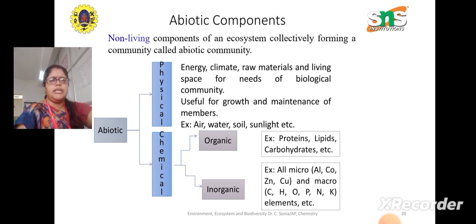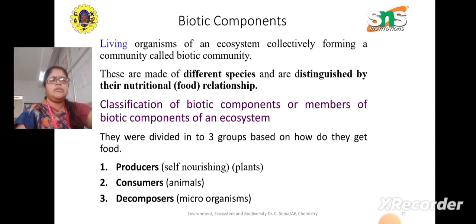Biotic components, as I already said, are the living components. The living organisms of an ecosystem collectively form a community called the biotic community. These are made up of different species and are distinguished by their nutritional relationships. Biotic components can be broadly classified into three groups: producers, consumers and decomposers.